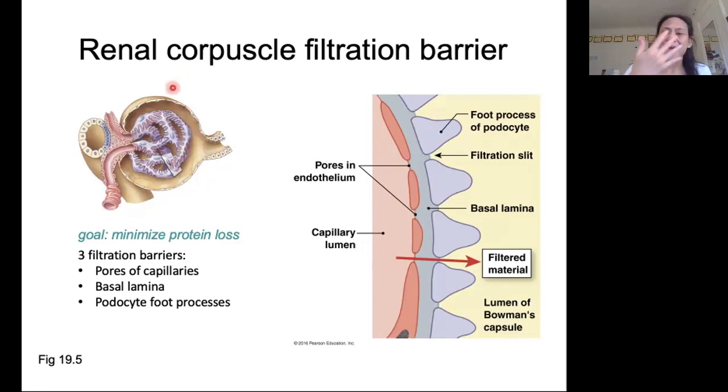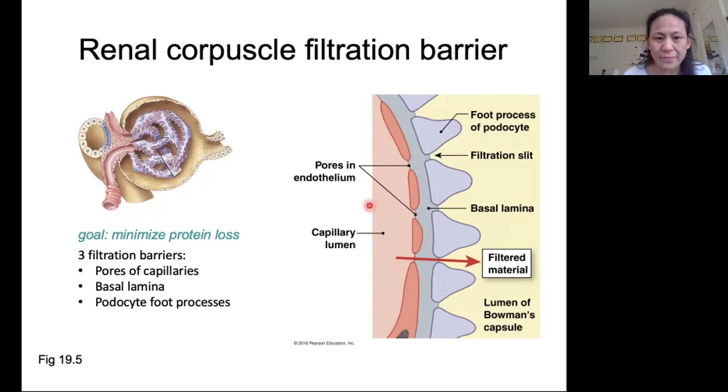So as materials move from the glomerulus into Bowman's capsule, we encounter three main filtration barriers, okay? First is the pores of the capillaries. The capillaries in the glomerulus have these pores in them. These are the endothelial cells in this darker red color, and then these are the spaces between those endothelial cells.